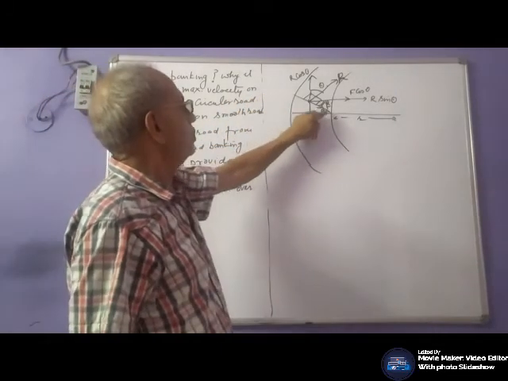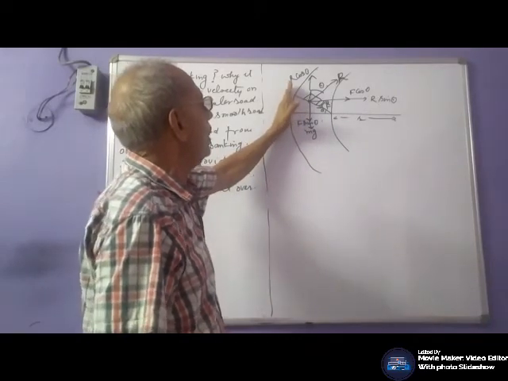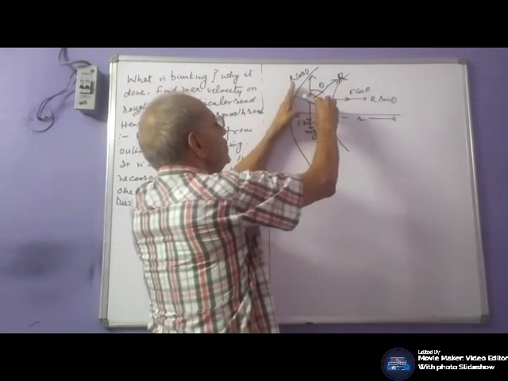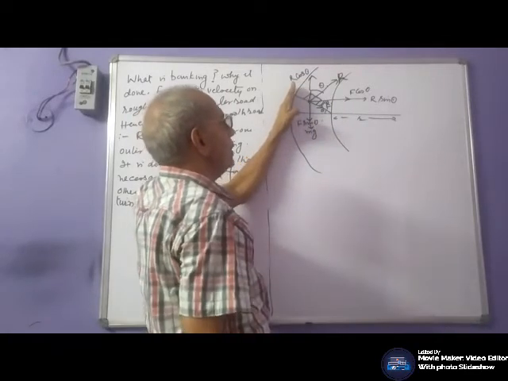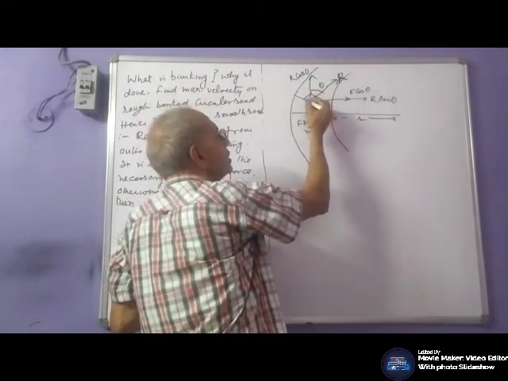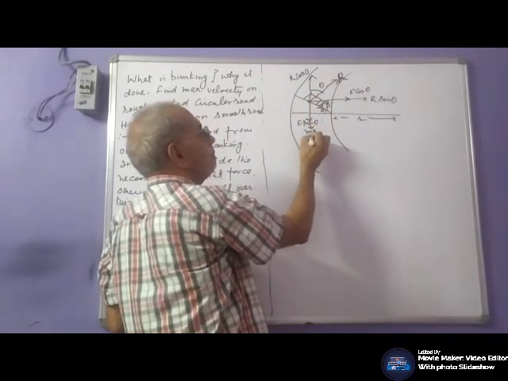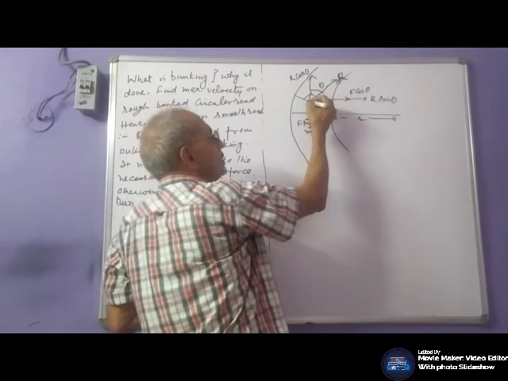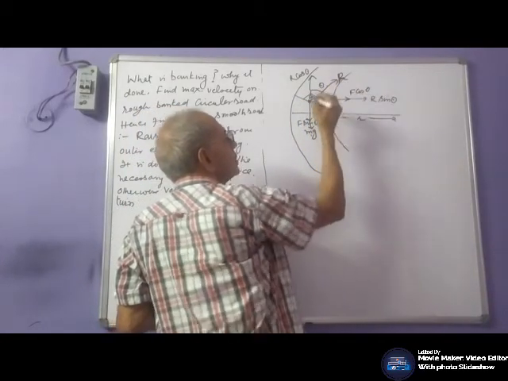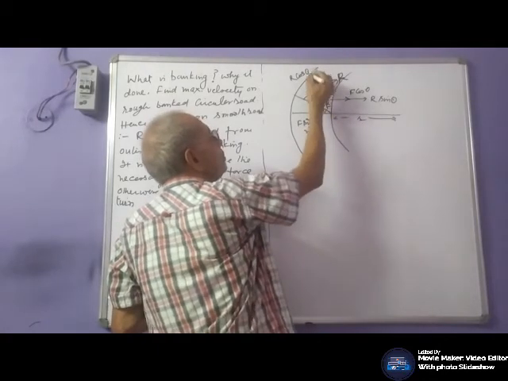Again listen, this is the angle of banking, this is lifting from outside, theta. This is the front of the vehicle. Weight always acts perpendicular, mg. Normal reaction is perpendicular to surfaces. So this angle is theta, so this angle will be theta.